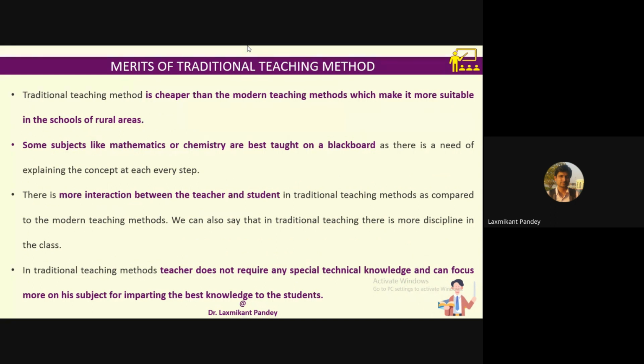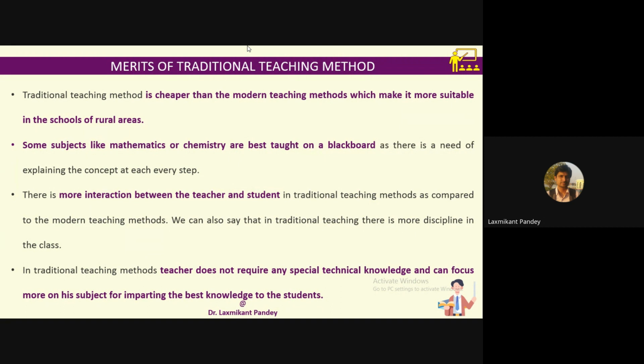Now, if you look at the merits of traditional teaching methods, the first thing is that it's very cheap. What you need is a small classroom, a blackboard and chalk. But in the modern methodology of teaching, different kinds of gadgets are involved, which we are going to discuss in the coming slides. Different types of aids or gadgets are involved, and they are very costly.